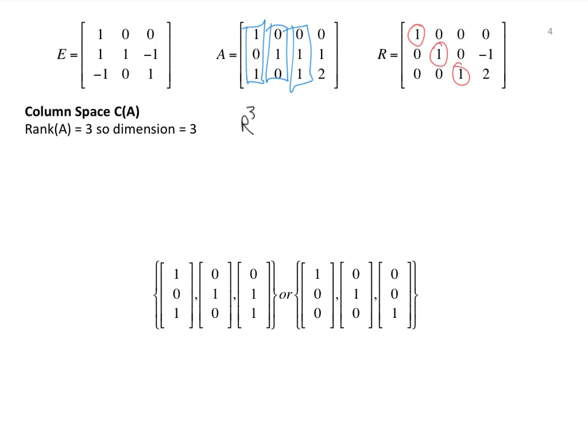In the case where the rank matches the size of the space, and if it's square, then it's full rank and everything's happy. In this case, the rank matches the dimension of the space that it's sitting within, and so a standard basis will be fine.